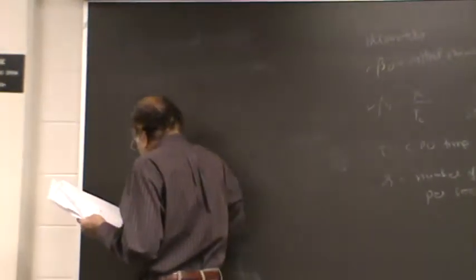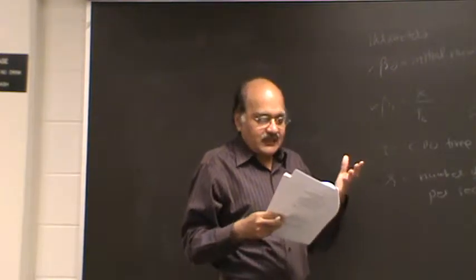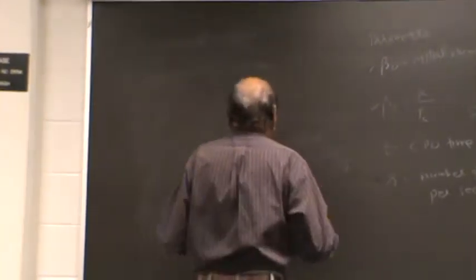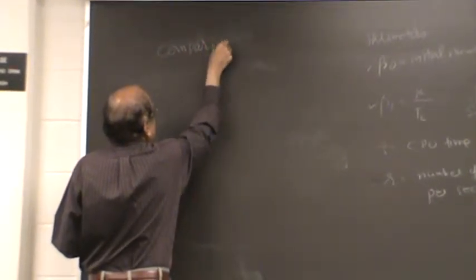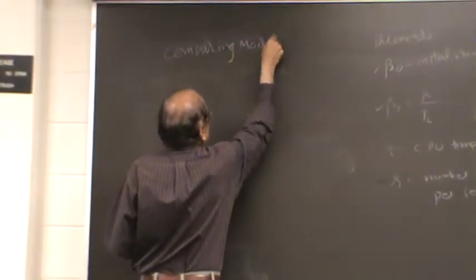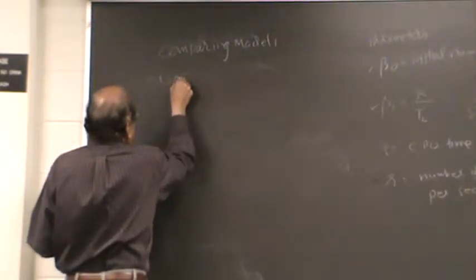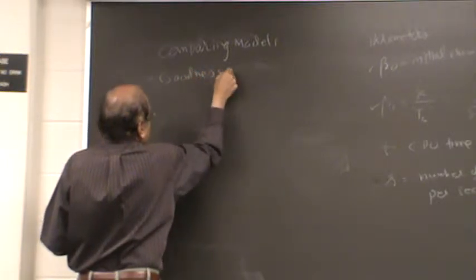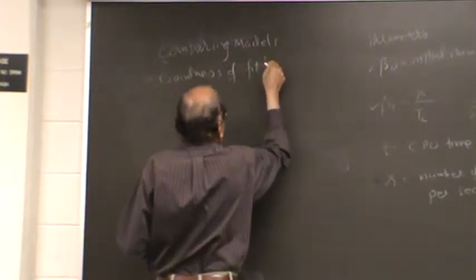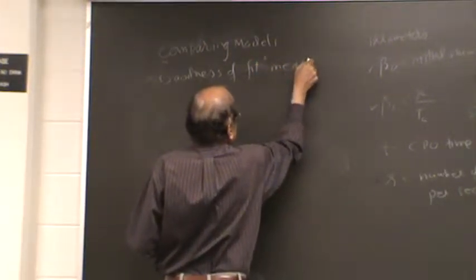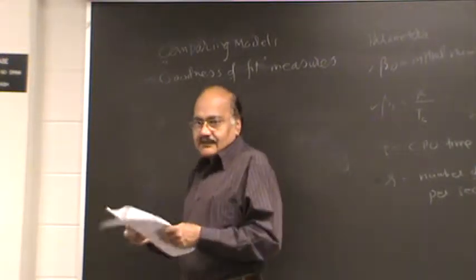So for example, we have been working with vulnerabilities, and there again there's a question of modeling. So how do you compare models? Now one approach is use some kind of goodness of fit. There are several goodness of fit measures that you can use.